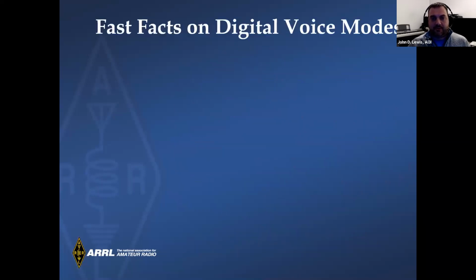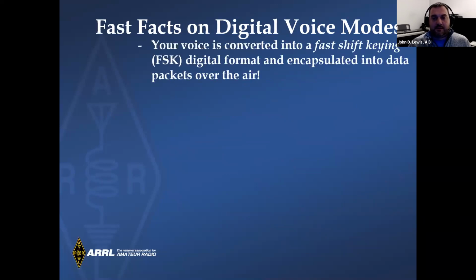So we'll talk about some fast facts here, some important things that you'll want to know. The first thing is, in most of these modes, really all of them, your voice is actually converted and sent into a frequency shift keying, or for you technical folks, FSK format, so that your voice is turned into data packets.